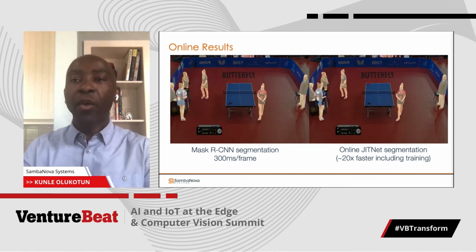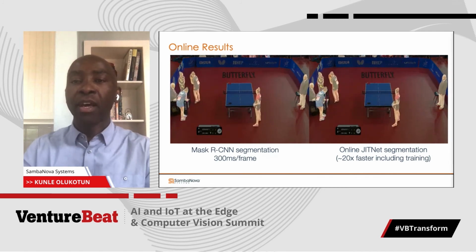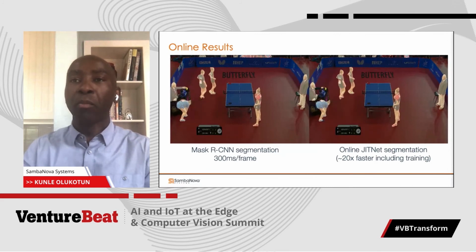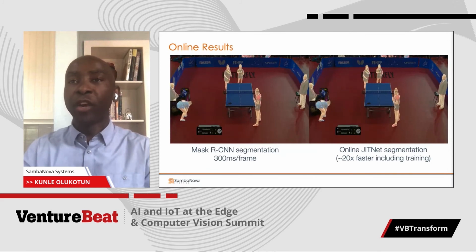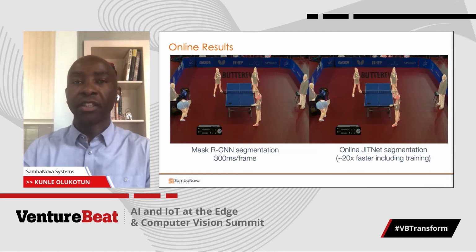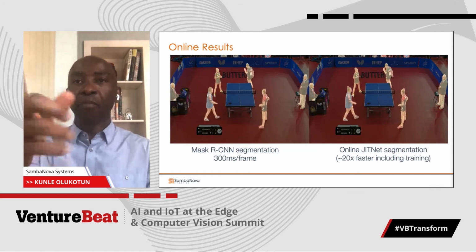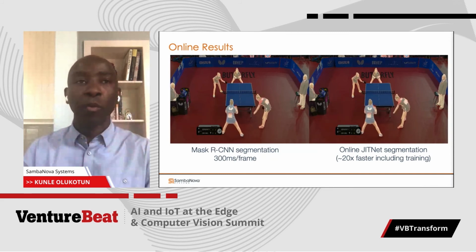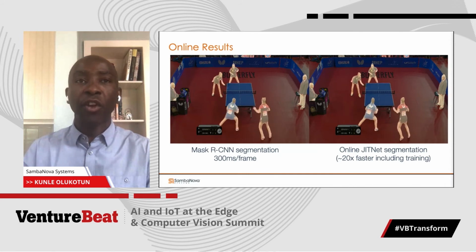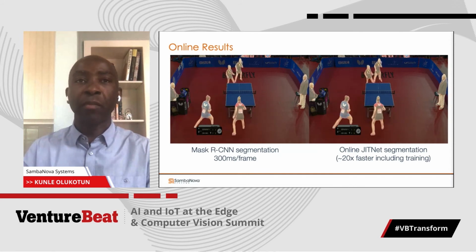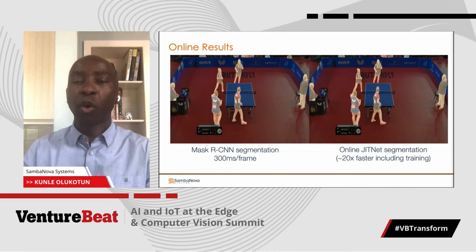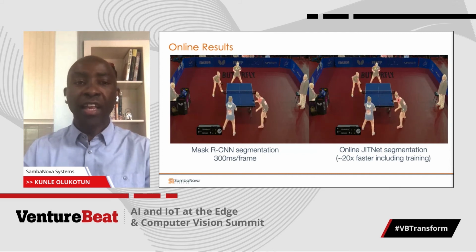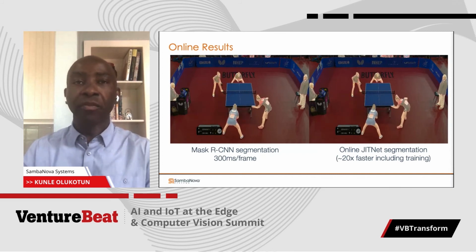And then on the right, we have this just-in-time network, which is this much smaller model, which is periodically retrained using information from the teacher model. And you see that basically they track. There are times when the woman walked over to the judge where things didn't track as closely. But if you look on both sides, you see that fundamentally the segmentation is working just as well on the right as it is on the left.